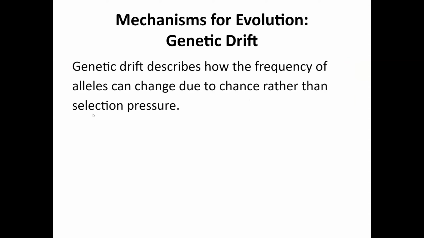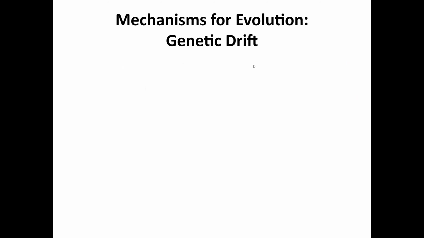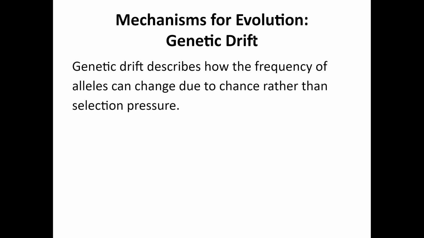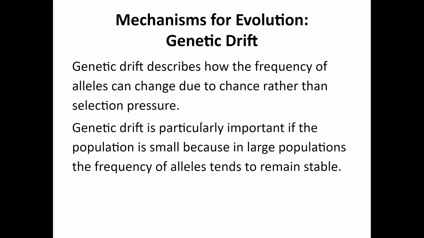Okay, we've talked about selection pressures before, and sometimes the frequency can change based on other changes. It's important for populations that are small because in large populations, the frequency of alleles tend to remain pretty stable.